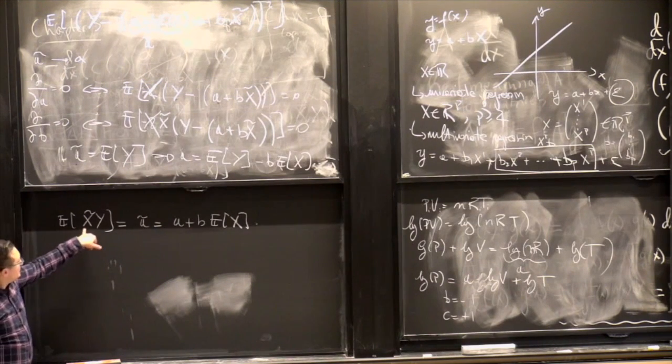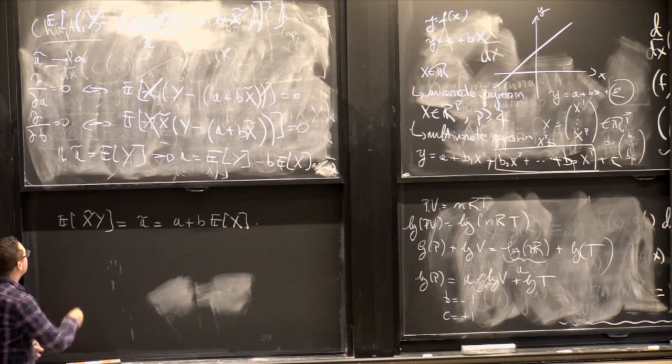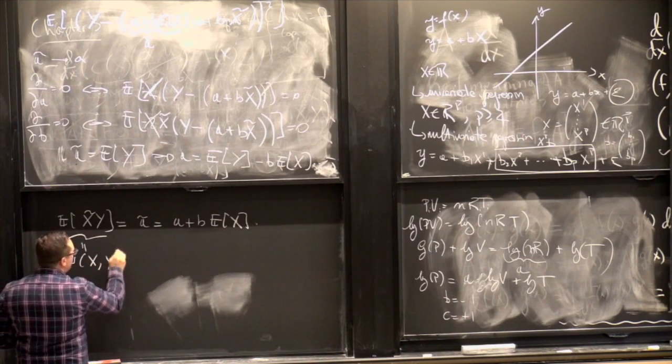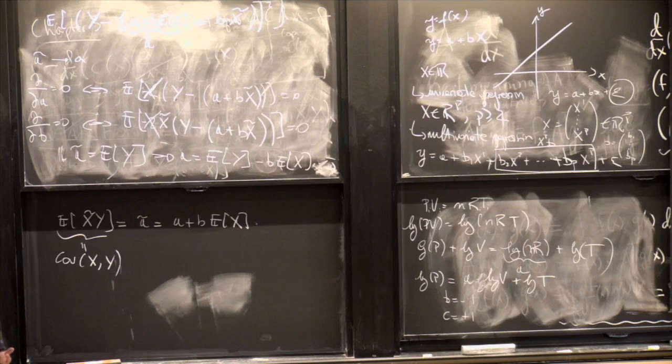Now, this is the expectation of the product of two random variables, but x tilde is centered, right? It's x minus expectation of x. So this thing is actually equal to the covariance between x and y by definition of covariance.